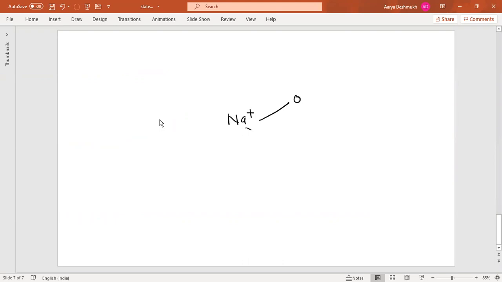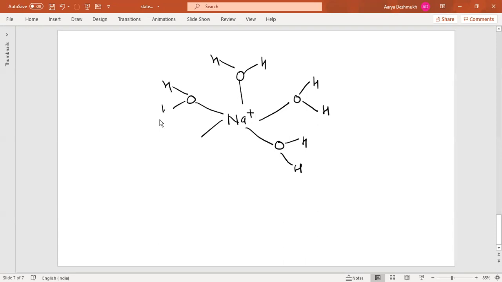So this way, this ion gets hydrated. This is the water molecules surrounding it. Each sodium ion will be surrounded by 6 water molecules like this, and maybe more also.